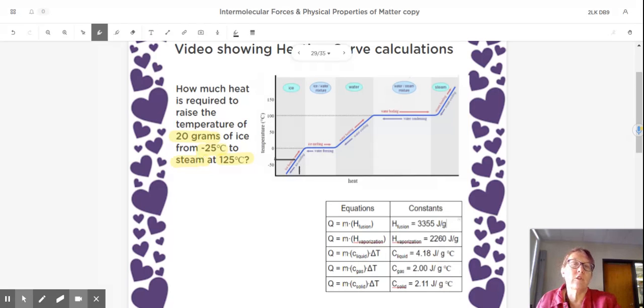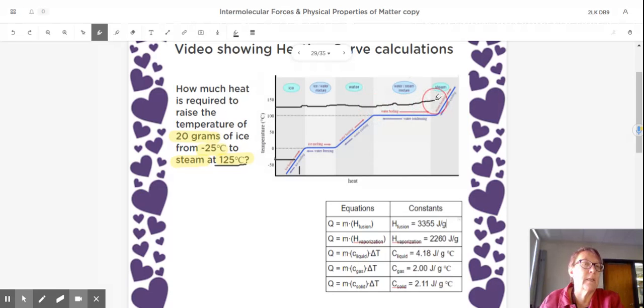The other thing you should do when looking at these problems in general is identify your end point. In this case, our end point is positive 125, which is about right here.